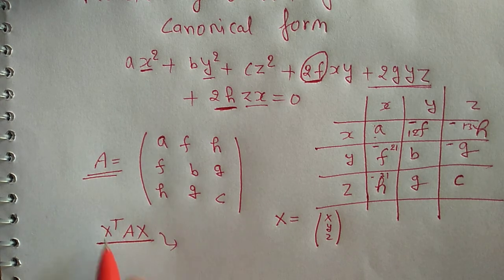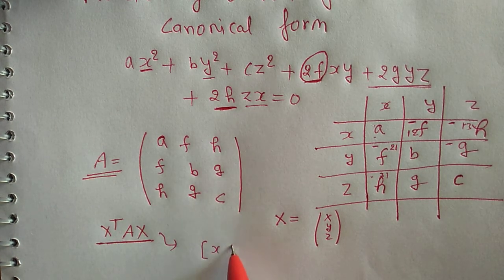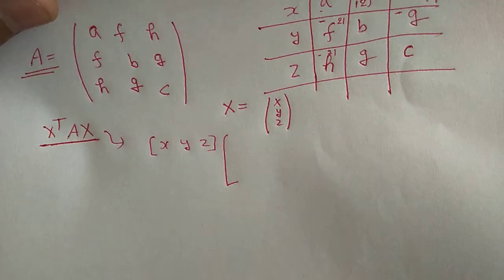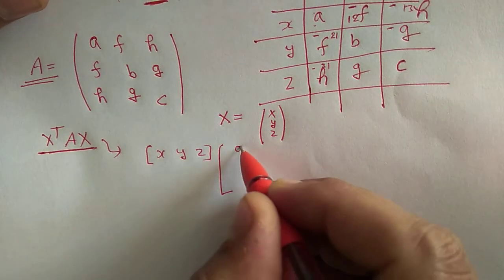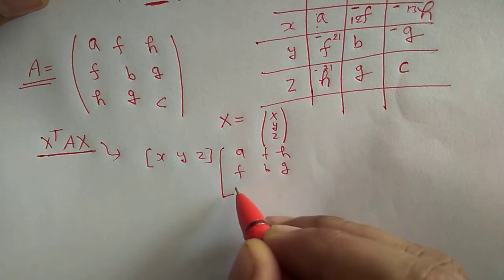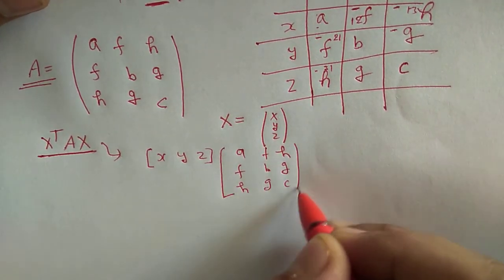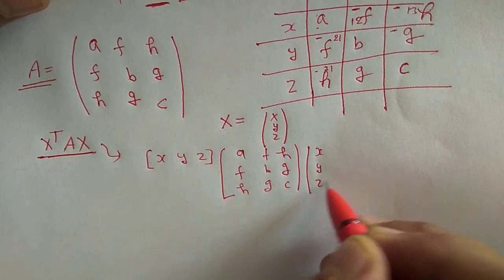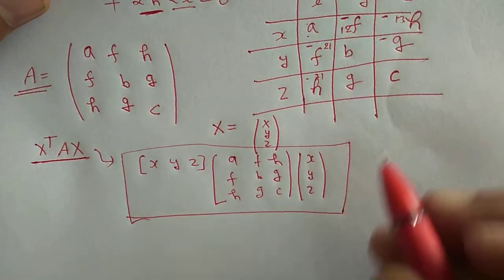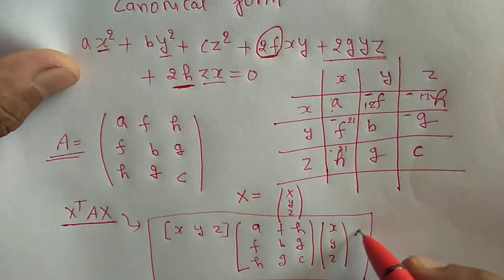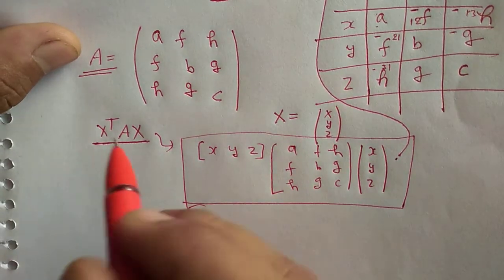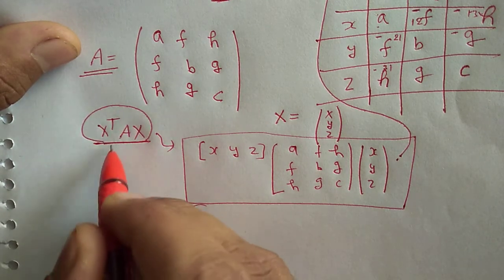How? x transpose is the row vector x y z, and if you write the matrix form here, a f h, f b g and h g c, into x y z. If you simplify this x transpose A x, again we get the same expression, the same quadratic form. So x transpose A x is the quadratic form.